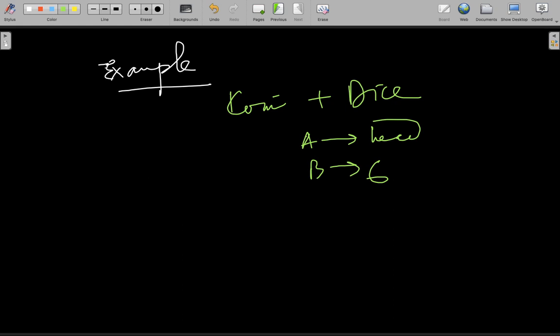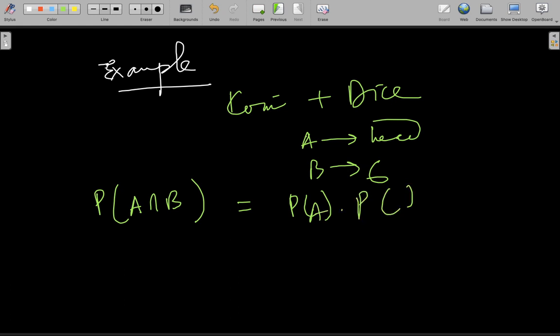Now I want to know the probability of A and B happening, so the probability of A intersection B. These events are independent because coin tossing has nothing to do with dice throwing. So the probability of A intersection B is the probability of A times the probability of B, which is a half times 1/6, so that is 1/12.